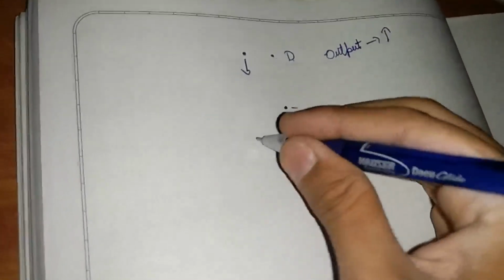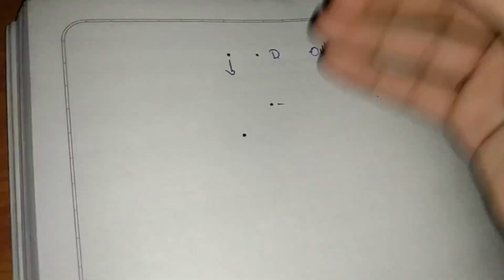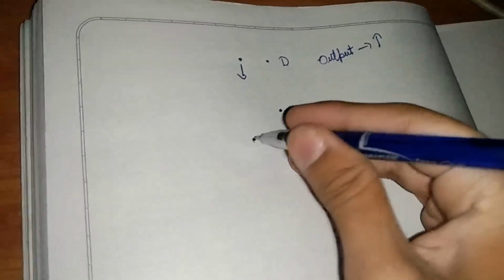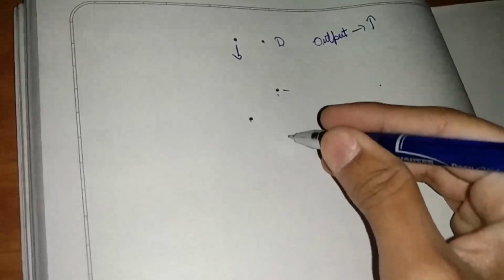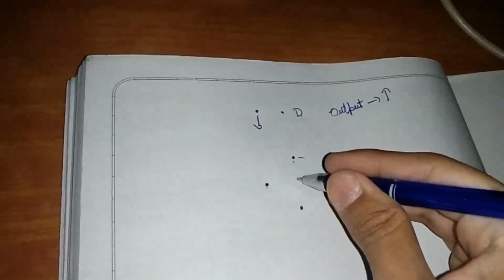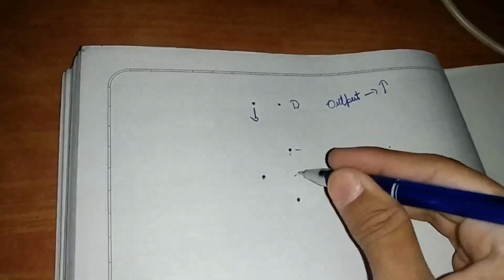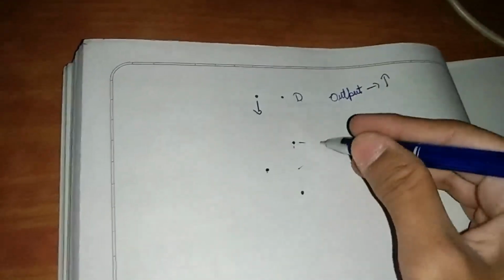Now we have to fix this output. Then we will move our detector from here to here. A point will come when our current will be maximum, then it will start decreasing.